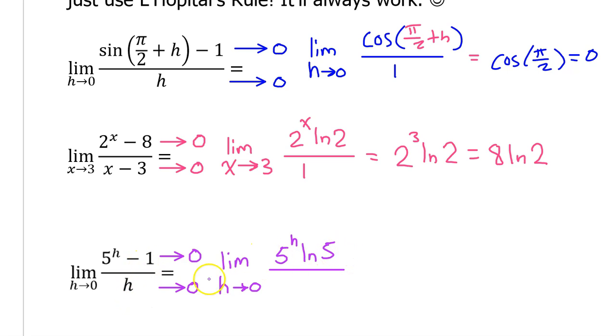The derivative of h is 1. We can evaluate this limit by direct substitution. Plugging in 0 for h gives us 5 to the 0 power, which is 1. So we're not going to write that. That leaves the natural log of 5 for the final answer.